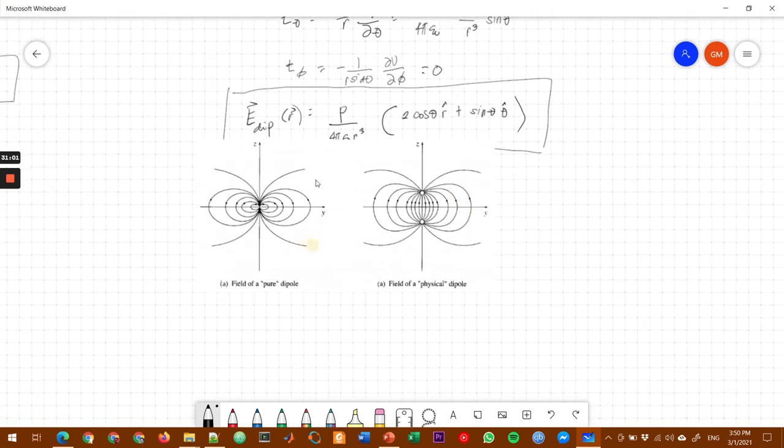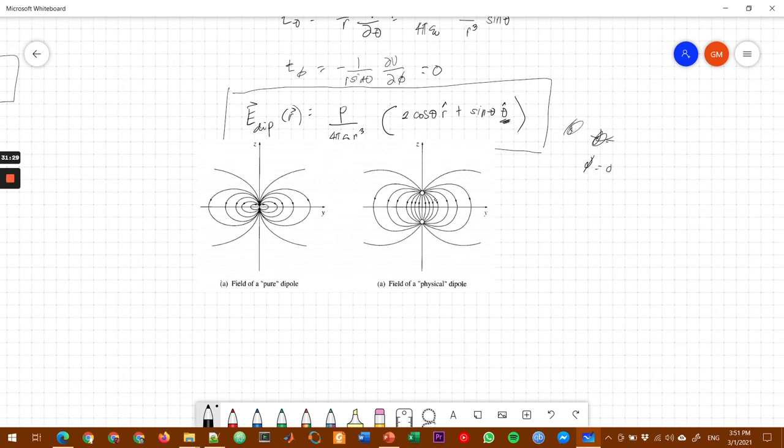So, I have the electric fields of a pure dipole and a physical dipole. It's actually similar. As you can see here, the electric field is dependent only on r and theta. So its curvature is with respect to theta. But there is no phi dependence. So its phi is zero.